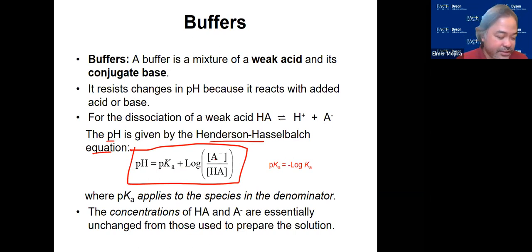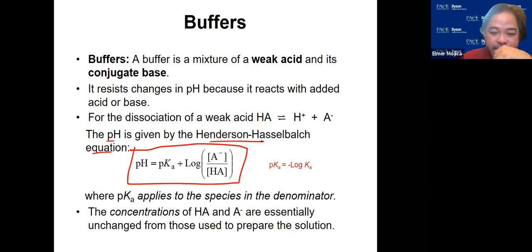You encountered this in your Gen Chem 2, and you will encounter this again when you go to your Biochem. This is one of the useful equations that you should know.